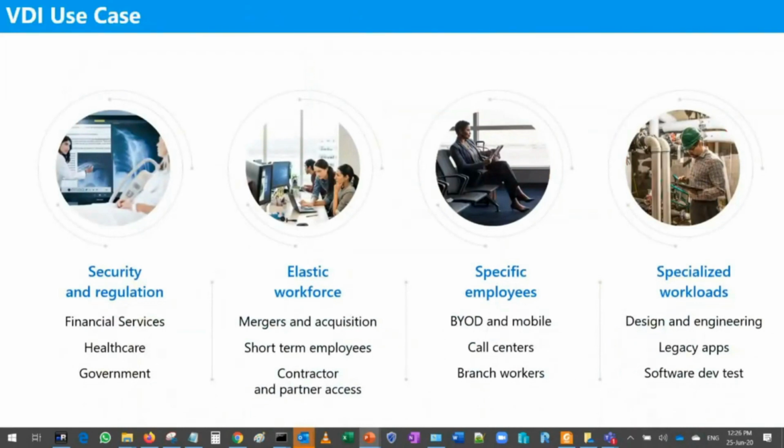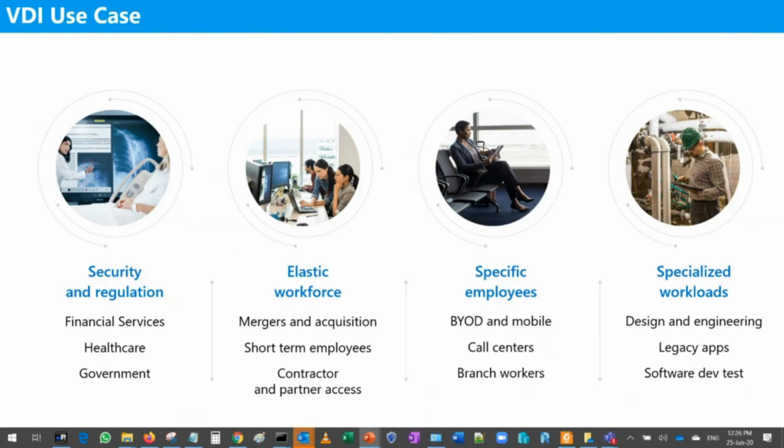The VDI and application use case is that people are looking at the primary 4 areas. One is internal security and regulations for financial, healthcare, or government. Even some companies strictly follow ITSM or ISO standards. They want to make sure they are secure.